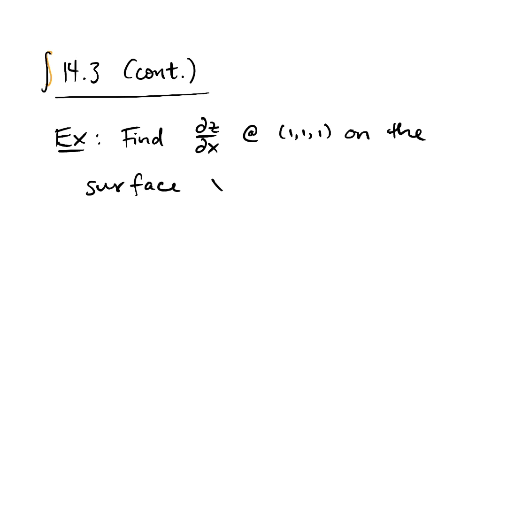How about xy plus z cubed x take away 2yz equals 0. So this is what I mean by a surface being given implicitly.